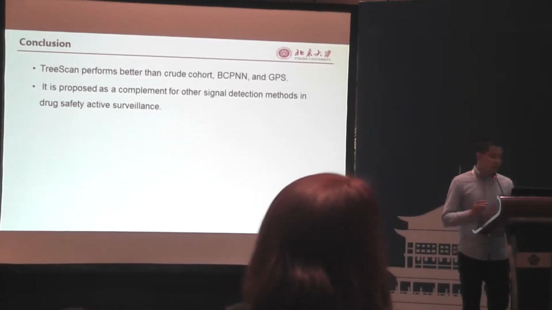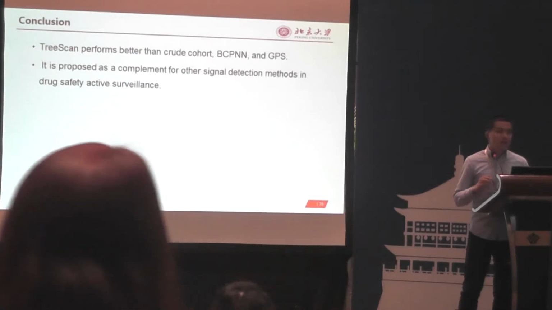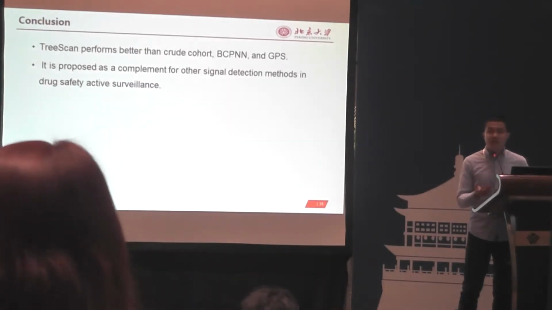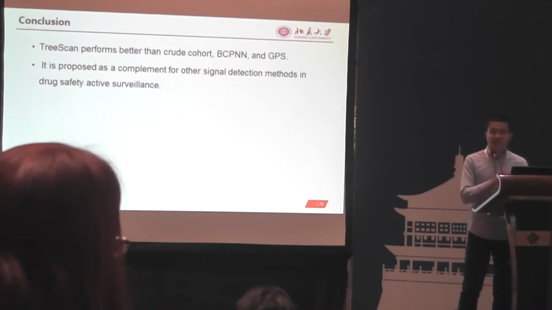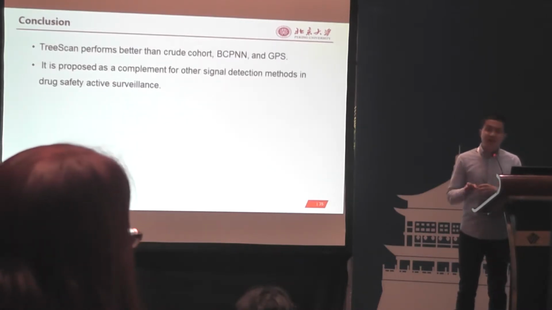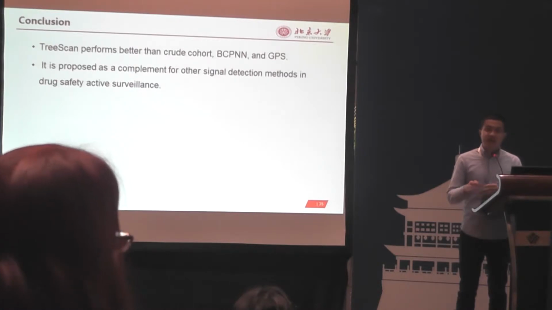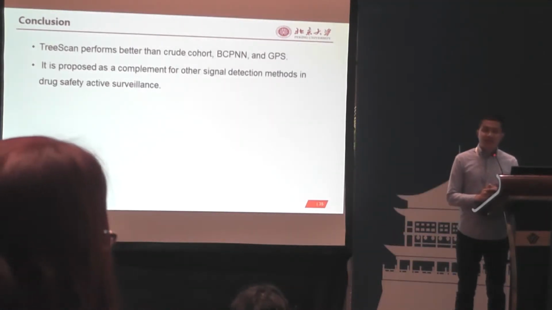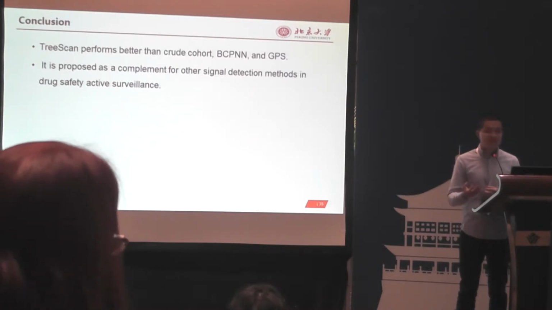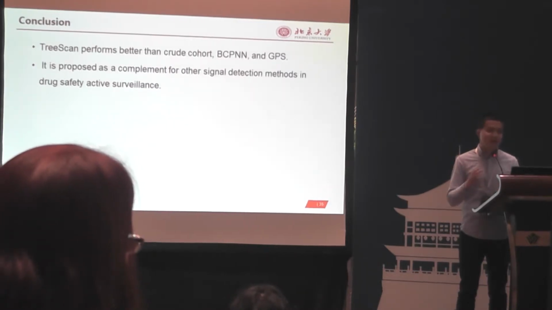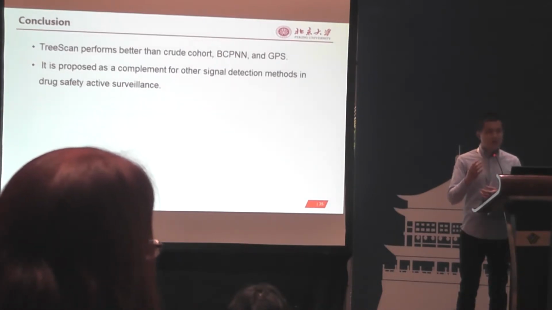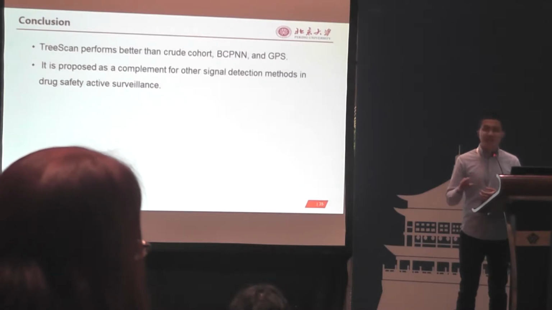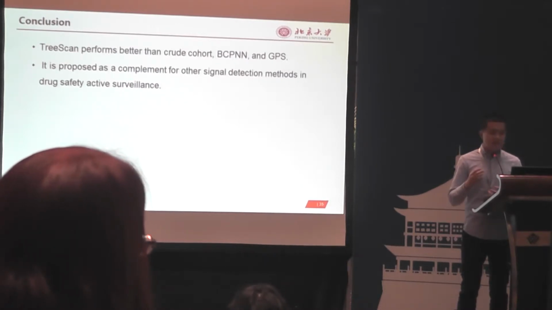So actually, when we try to detect signals using the tree scan, we compare the statin users to the non-users, people with hypertension who are not using statins. Yes. And there are some strategies that we try to minimize the bias and confounding.